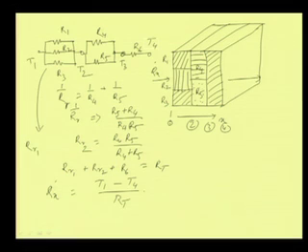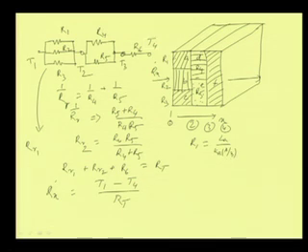And now, we also know what R1 is. If I say this is, say, A, B, C, this is D, this is E, this is F, then R1 is equal to L A by K A into A by 3.